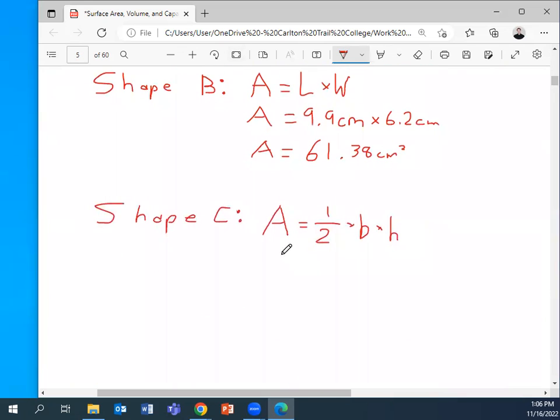Going into this, I have my area equals a half times base times height. Cool. Let's substitute it in. So it's a half. My base is 9.9 centimeters. My height is 12.6 centimeters.